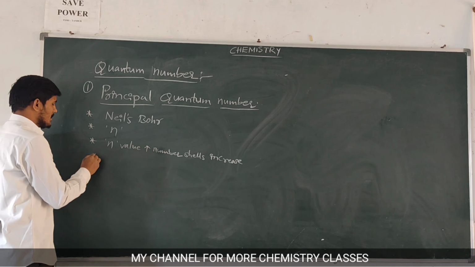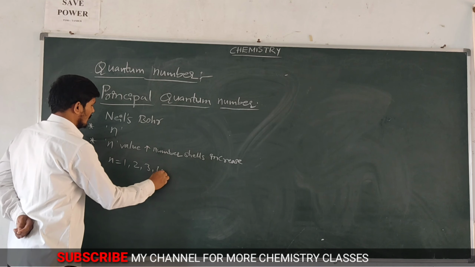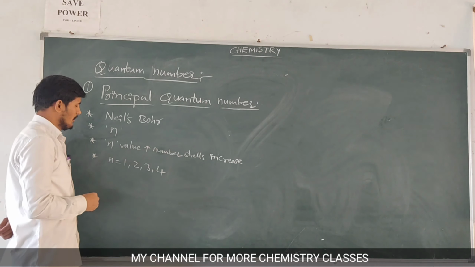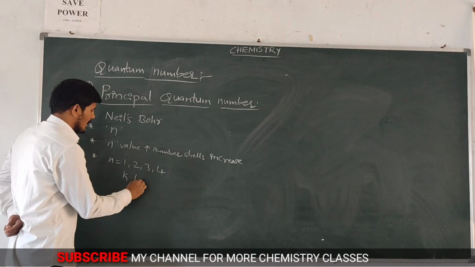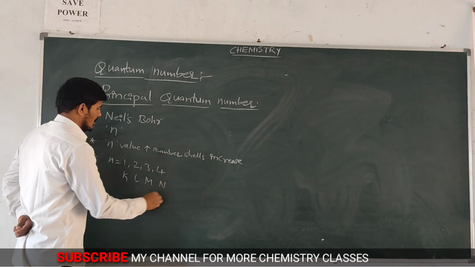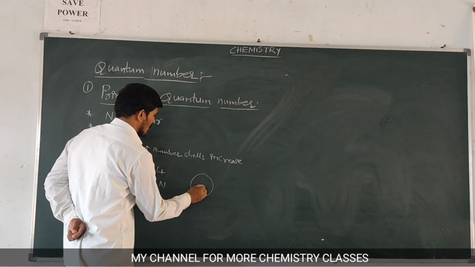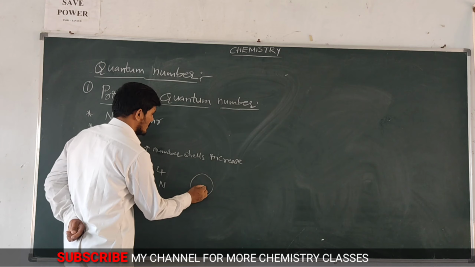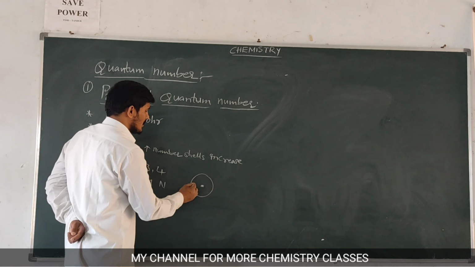Here n is equal to 1, 2, 3, 4, or K, L, M, N. For example, take an atom. Every atom has a nucleus at the center, and it has shells around it.